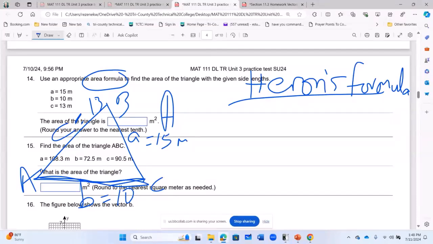Okay, so we are ready to find. There's something called S, and S is called the semi-perimeter, which is half of the perimeter. And perimeter is the sum of all the sides.